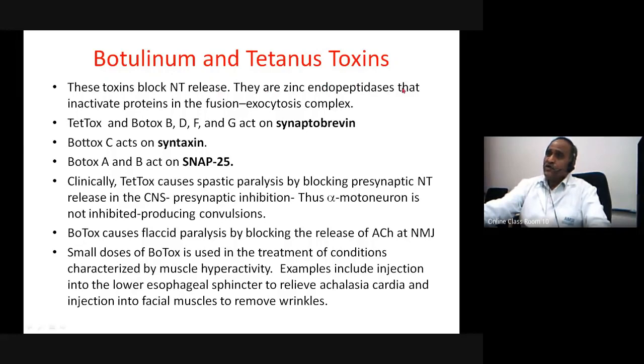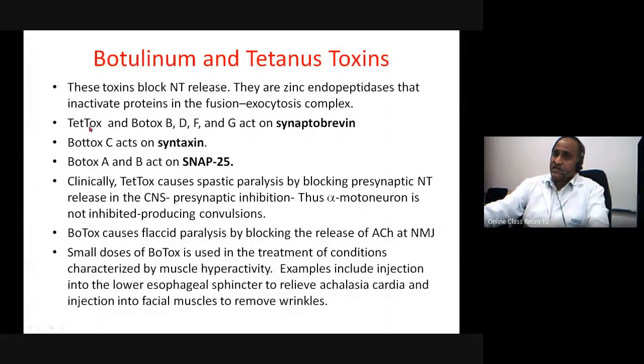They are endopeptidases that cleave or inactivate the proteins. What are those proteins? Synaptobrevin or syntaxin or SNAP25. And once they cleave or inactivate that protein, the fusion or exocytosis will not be possible. Thus, they prevent the fusion and exocytosis of the vesicle.